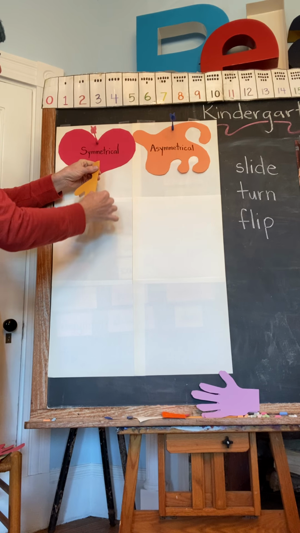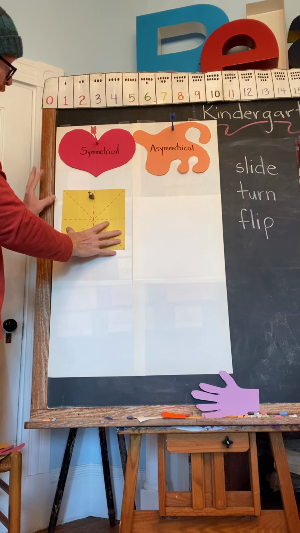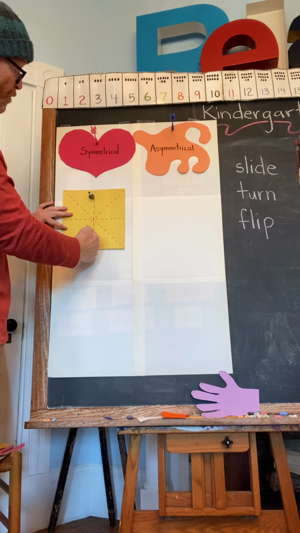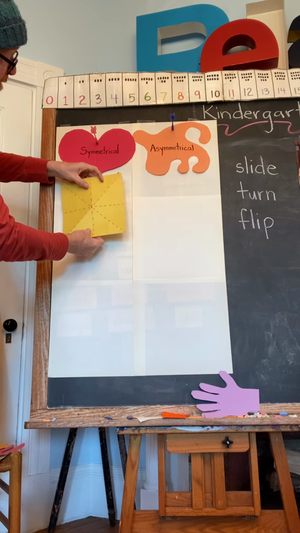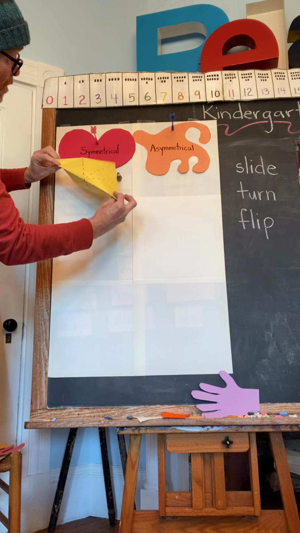A square is symmetrical in a lot of different ways. It has a line of symmetry running from top to bottom. So I'm going to show you how to fold on that line. And it does line up at the edges. Also, it has a line of symmetry through the middle going horizontally. So you can line up the edges that way. It also has a diagonal line of symmetry here, and another diagonal line of symmetry going from the other corner to corner.